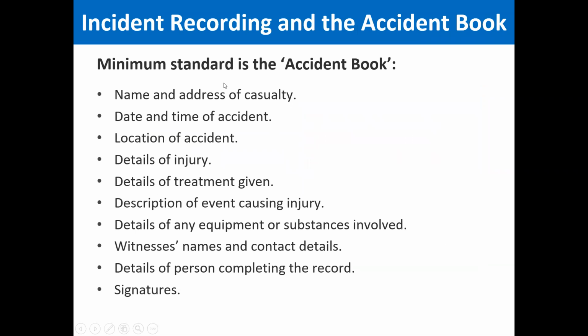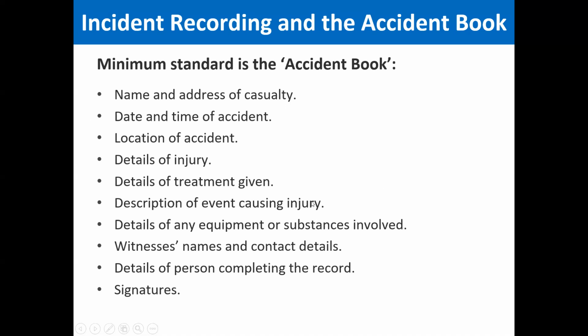Okay, what do we need to record in an accident book or an accident report? Usually the following information is required. You have to record the name and address of the injured person or the casualty, date and time of the accident, location of the accident, details of the injury, what kind of injury the person has received, details of the treatment given to the injured person, description of the event causing the injury.